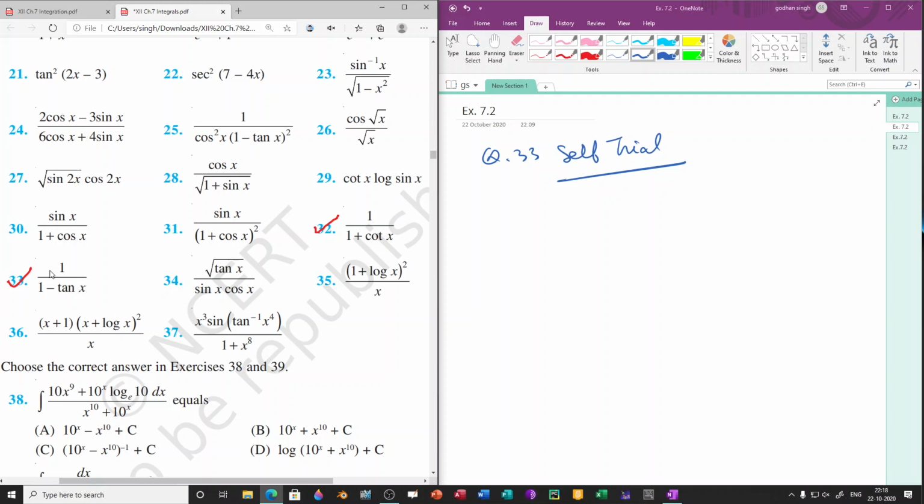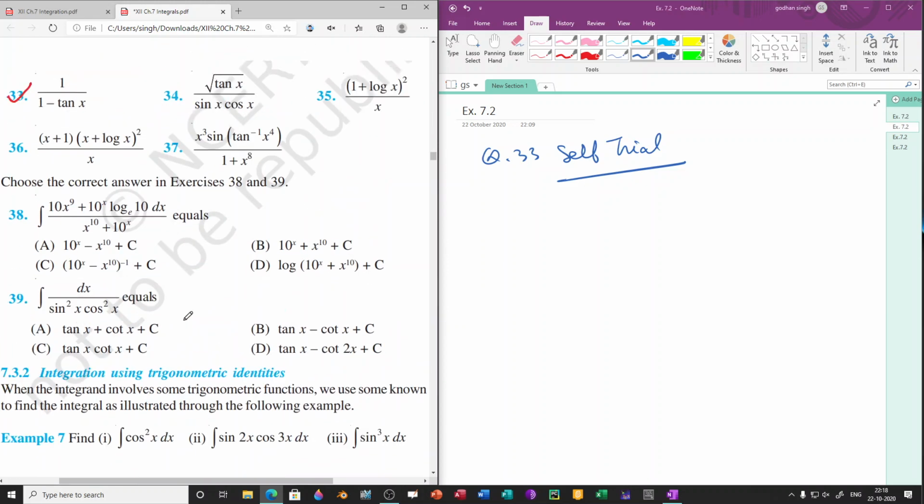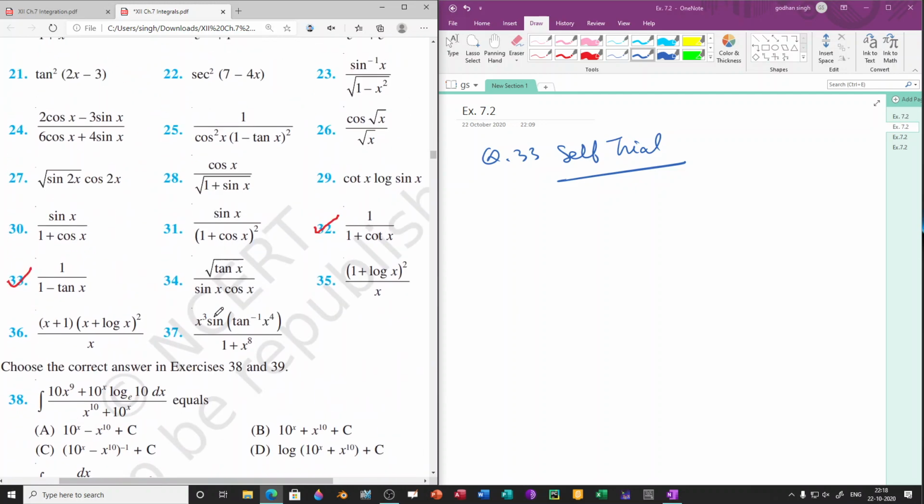So questions number 34, 35, 36, 37, and 38, 39, all will be questions for self trial. As we have done earlier also, I will give you hints for these. So the hint for question number 34, that is also for self trial.